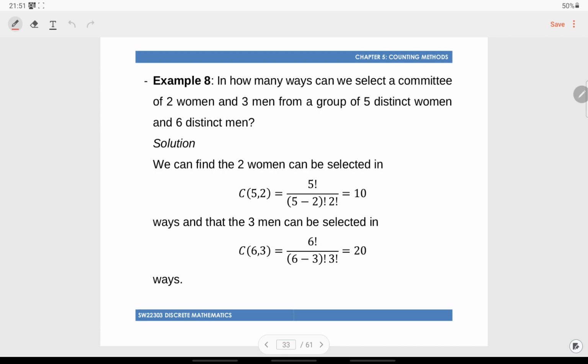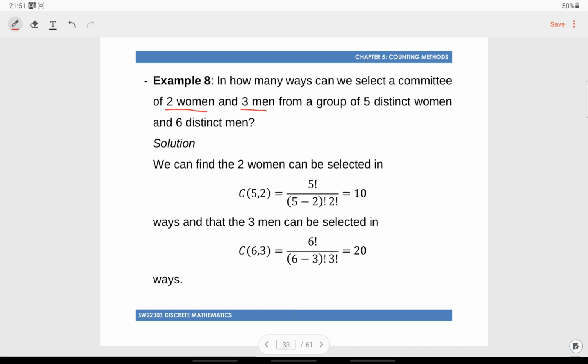Example number 8. In how many ways can we select a committee of 2 women and 3 men from a group of 5 distinct women and 6 distinct men? Let's see how to solve this problem.